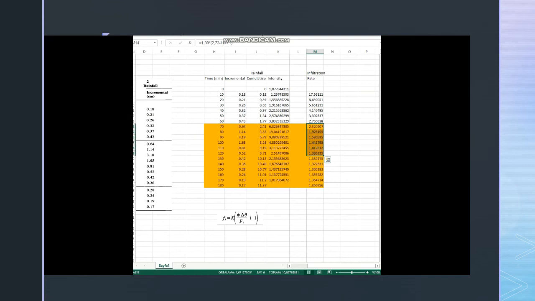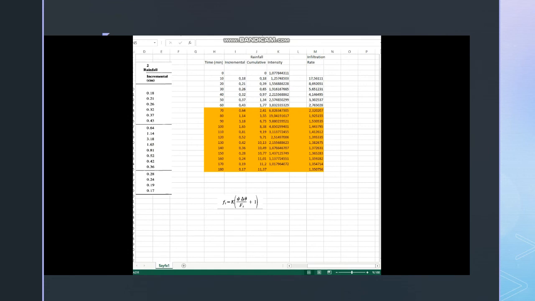Let's calculate our infiltration rate when ponding occurs. Now we need to calculate the cumulative infiltration in order to find the rest of the infiltration rate, because here F is going to change inside the cumulative infiltration, because whatever rainfall we get is going to be infiltration, the cumulative infiltration.